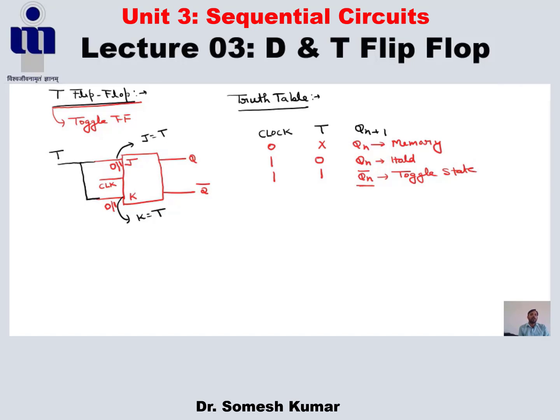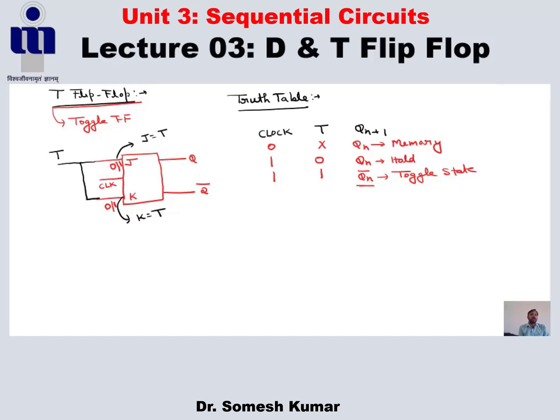When T is 1, it is Qn bar. That's why we are saying this is our T flip-flop. It is also clear from here that when both the inputs are the same, only in that case can our JK flip-flop be renamed as the T flip-flop.